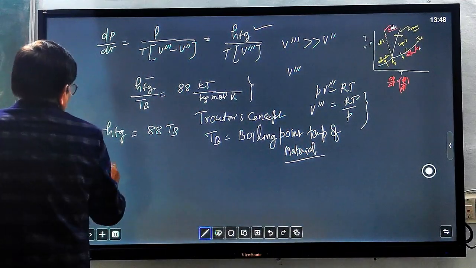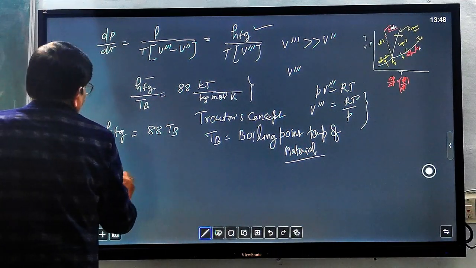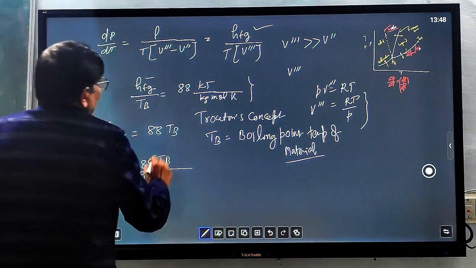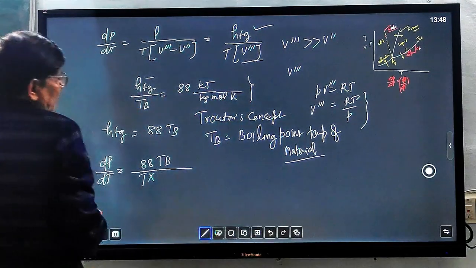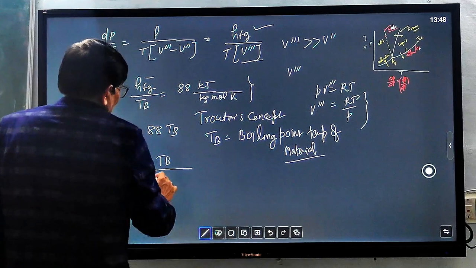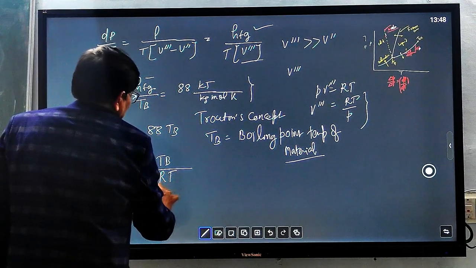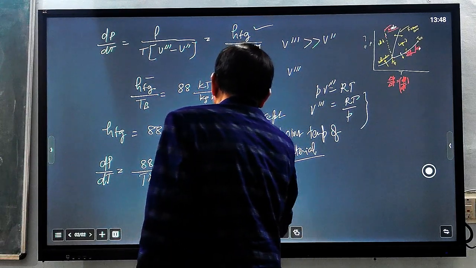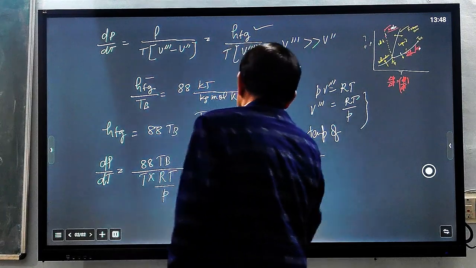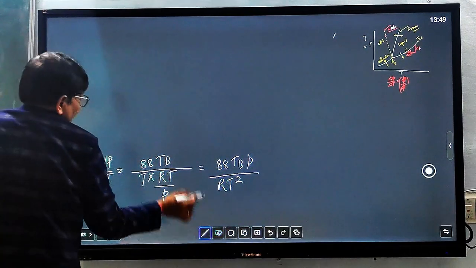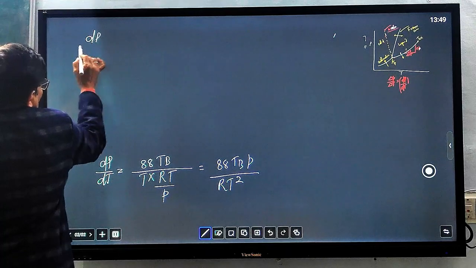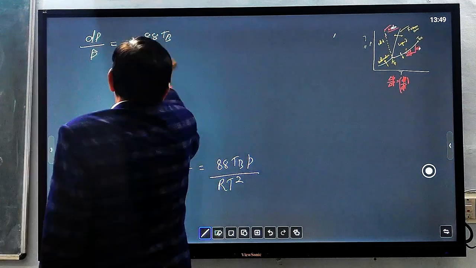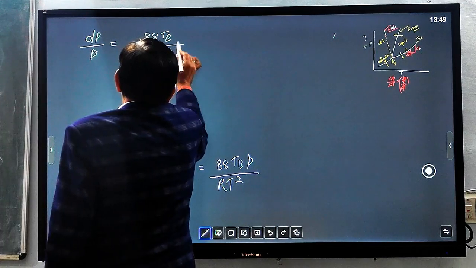So dP over dT equal to 88 TB upon T, putting the value of specific volume in vapor phase, that is equal to RT by P. So that is equal to 88 TB and P upon RT square. Now rearranging this equation, dP over P equal to 88 TB upon RT square dT.